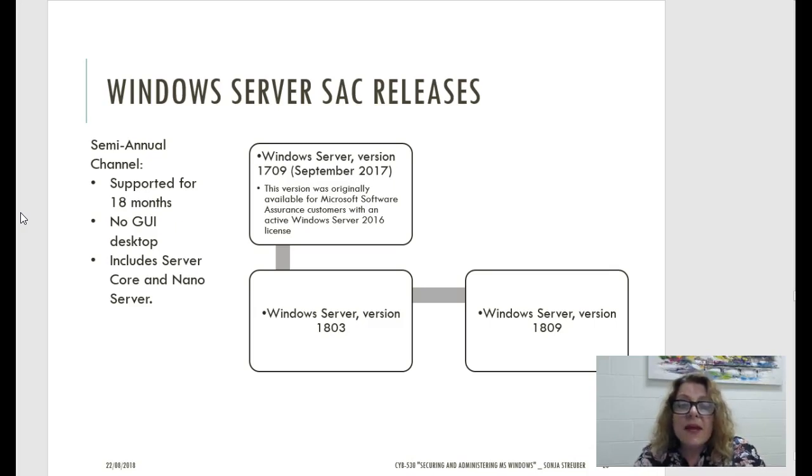We call those the semi-annual channels. Every 6 months, Windows Server will release a new version, and these versions are supported for 18 months because then they are supplanted by a new version.